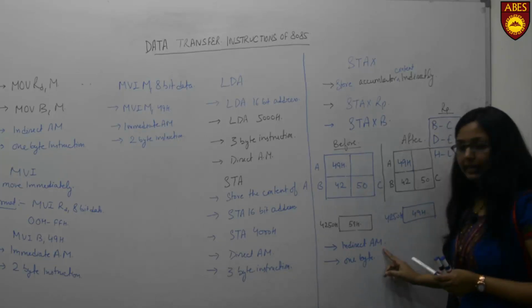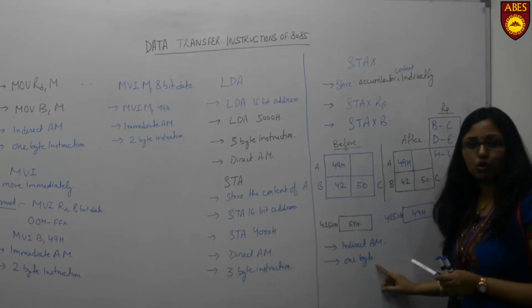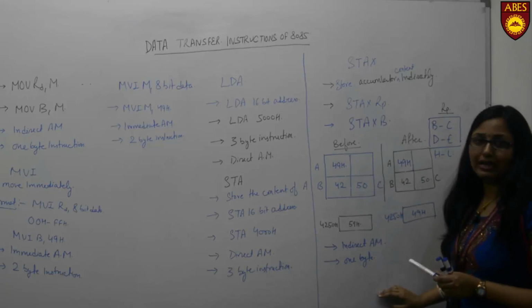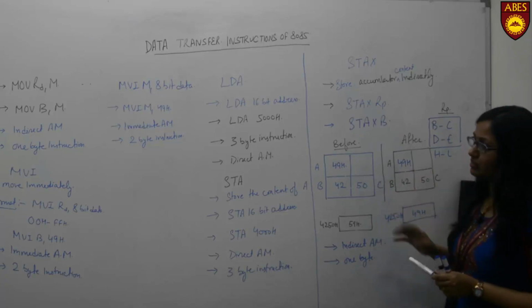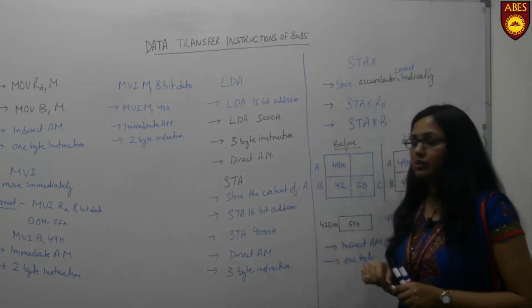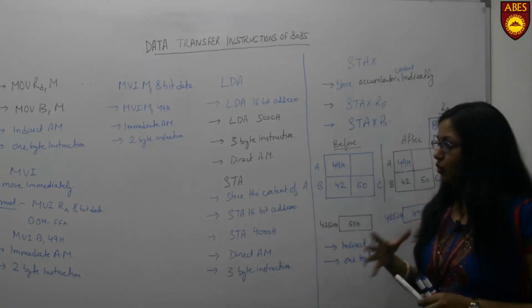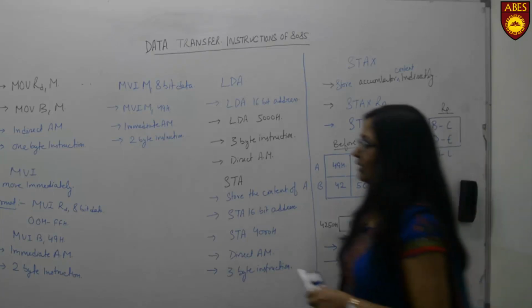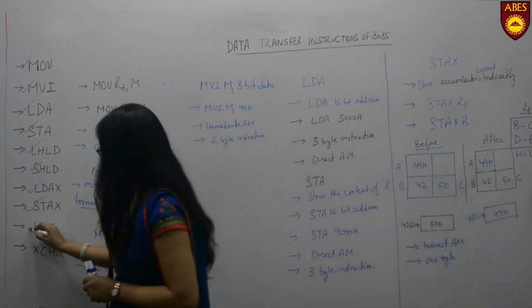This instruction is again indirect addressing mode and it is only a 1 byte instruction. This is all about STAX instruction. These both instructions, one is used for loading the accumulator and another one is used for storing the content of accumulator.